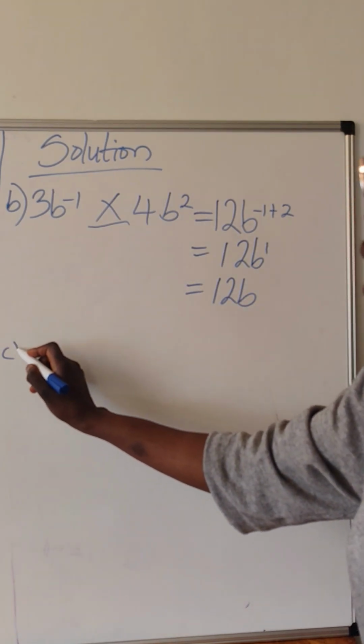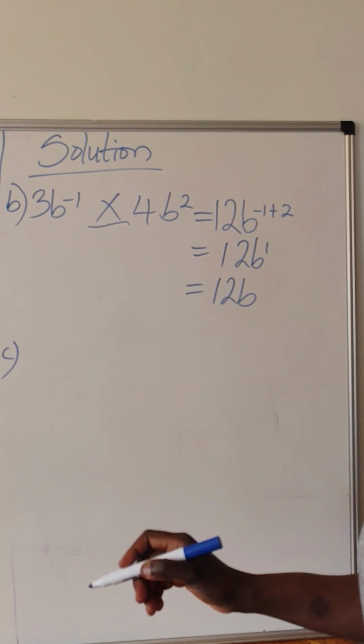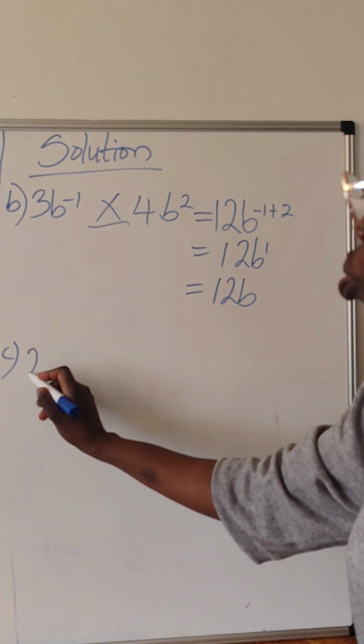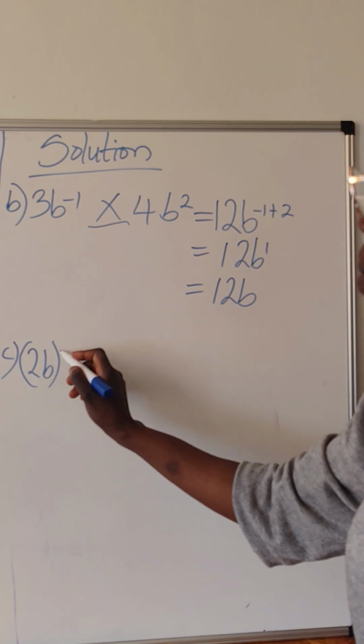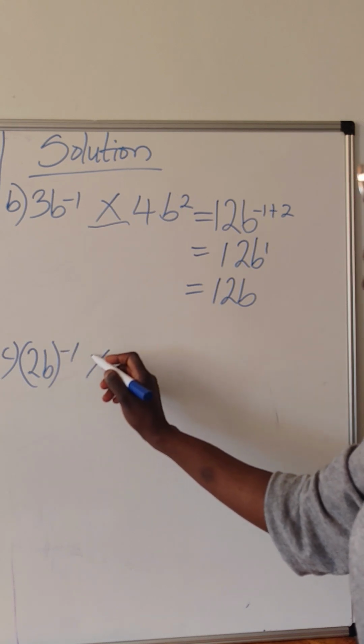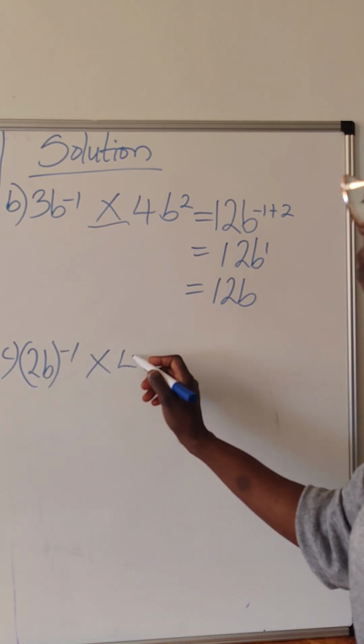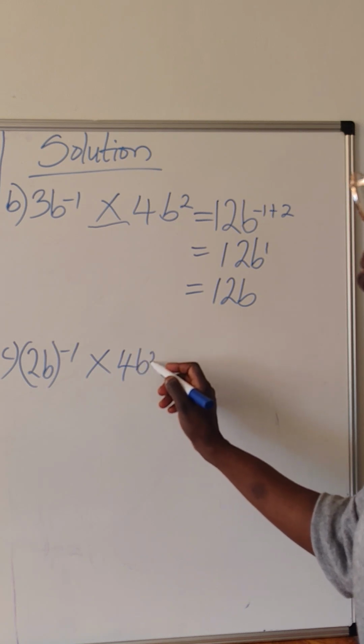I move to the third one. The third one is (2b), everything raised to power minus 1 multiplied by 4b squared.